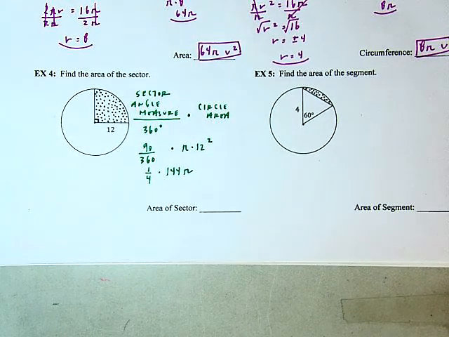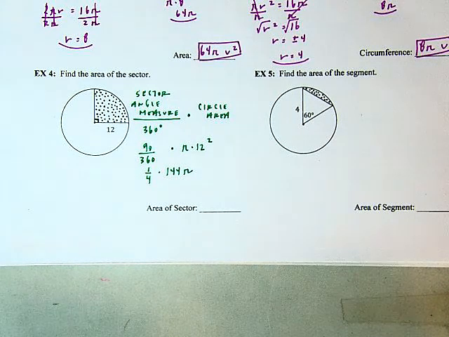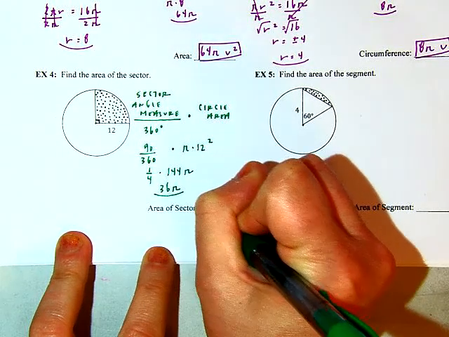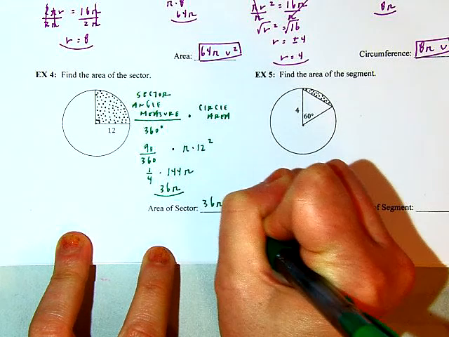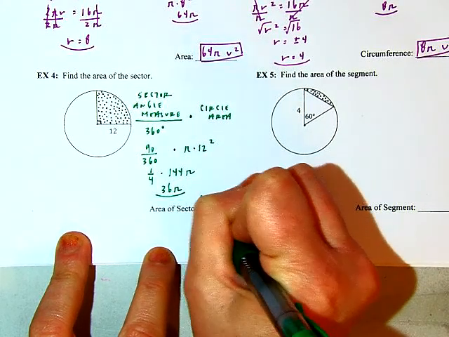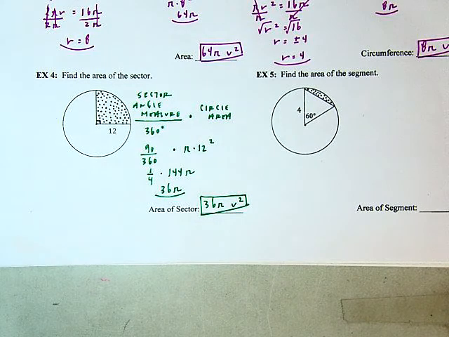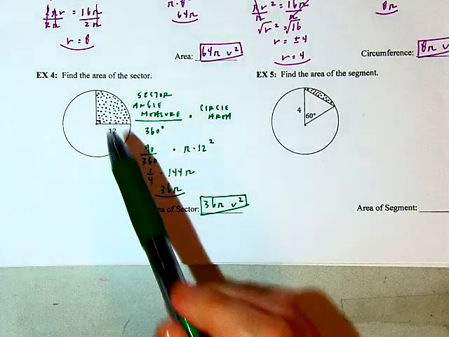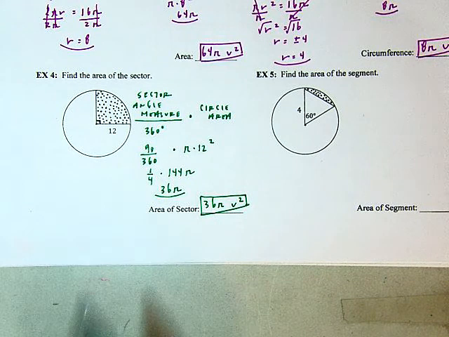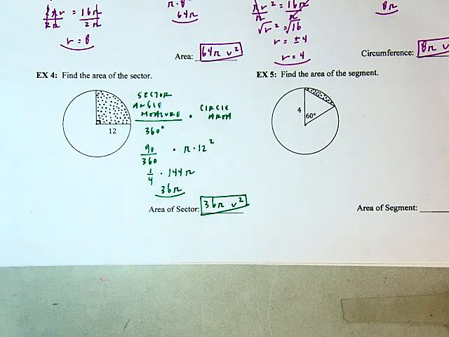What's 1/4 of 144? That's 36. So I get 36 pi units squared. The whole area would have been 144 pi, but I just need 1/4 of it right there. So 36 pi it is.